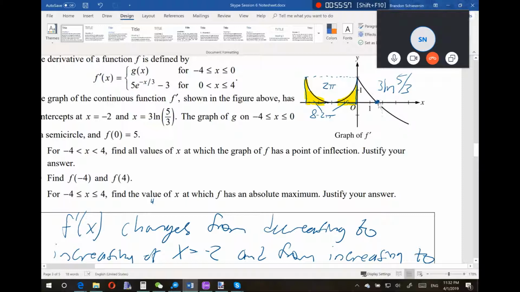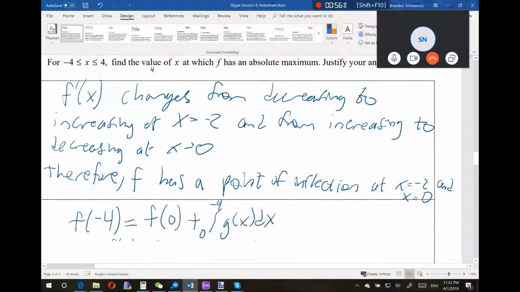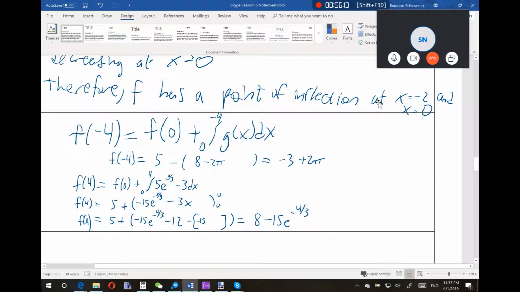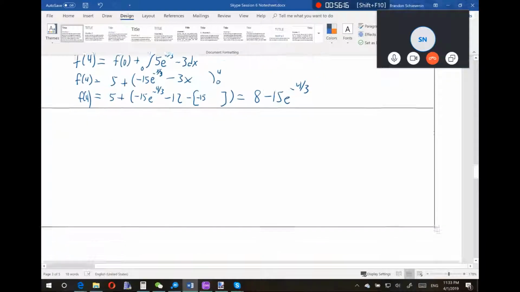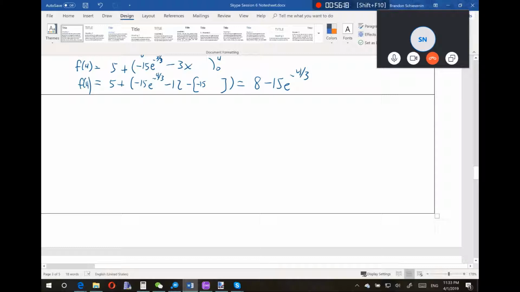So is x equals 3 ln 5/3 the absolute maximum or not? Yes. Okay, so I'm going to write this out.